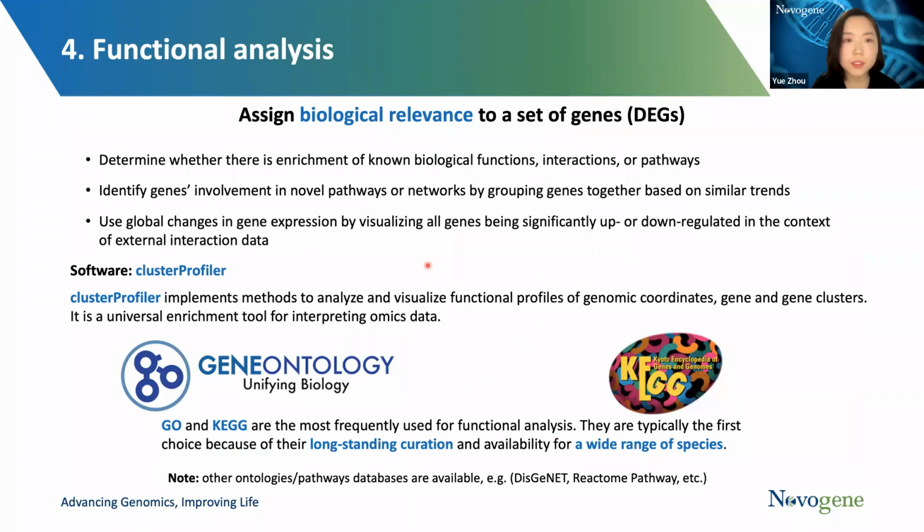So here we're just telling you more about how to do the enrichment analysis, and the software we use is clusterProfiler. What clusterProfiler does is determine whether there's enrichment of known biological functions, interactions, or pathways, and identify genes' involvement in novel pathways or networks by grouping genes together based on similar traits.